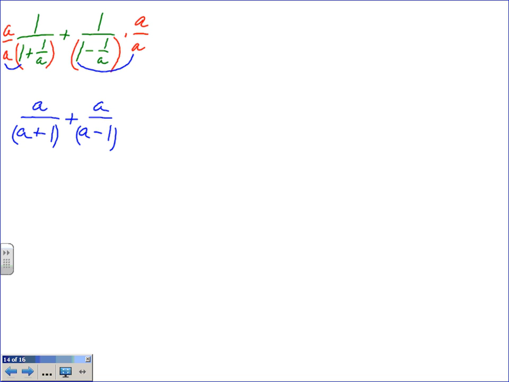Does anyone want me to finish that? Yeah? A question. Basically, couldn't either one of those terms be 1 plus 1 over a, and then in parentheses negative 1 down, and bring it off to the top?